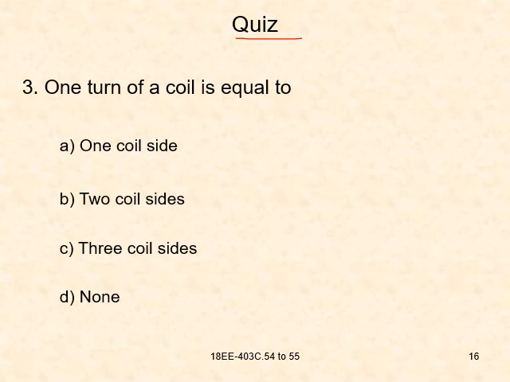One turn of a coil is equal to one coil side, actually, it's two coil sides. One turn of a coil is equal to two coil sides.